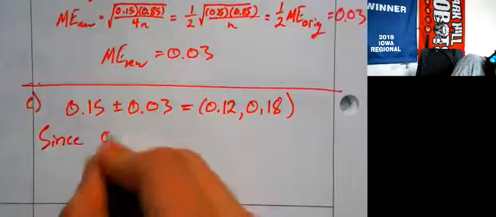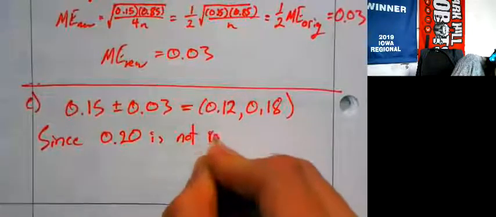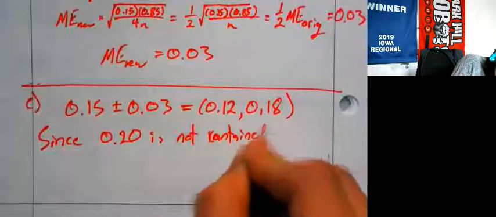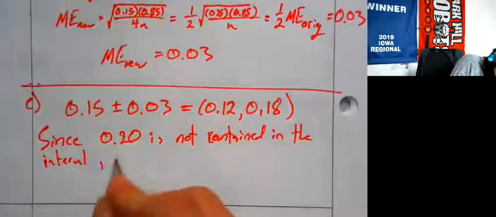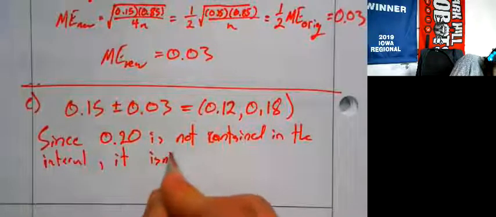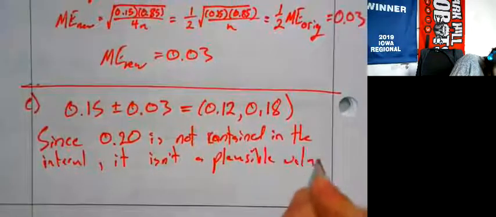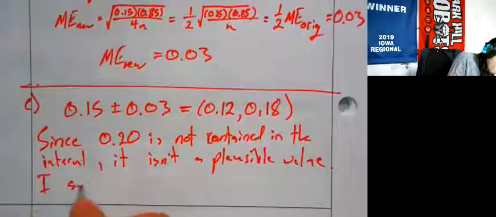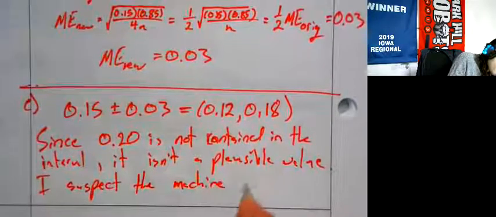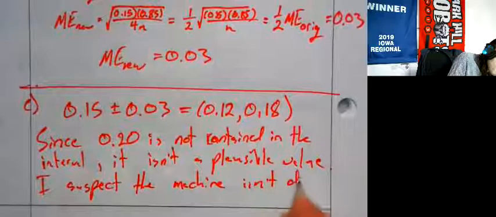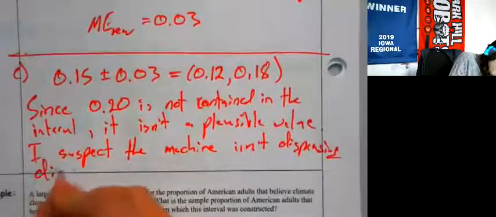Since 0.20 is not contained in the interval, it isn't a plausible value. I suspect the machine isn't dispensing discounts as intended.